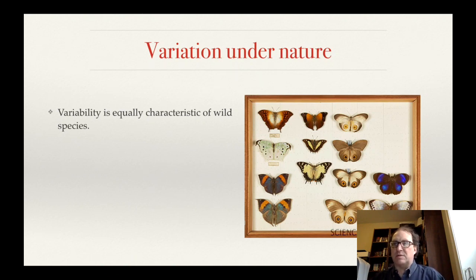Right? It was one of the things that made them special. So he needs to argue that it's equally characteristic of our wild species. So this is actually a sample. The picture here is a collection of part of Alfred Russel Wallace's collection of Lepidoptera that he collected in the Pacific.